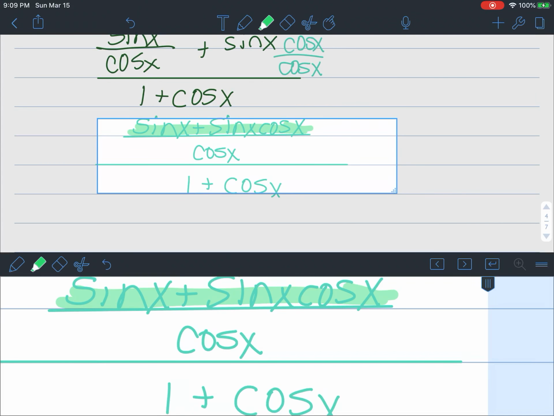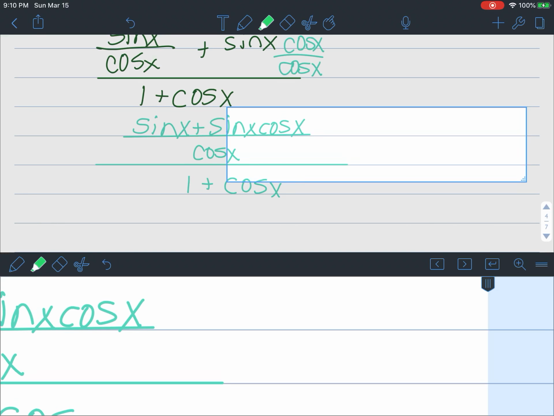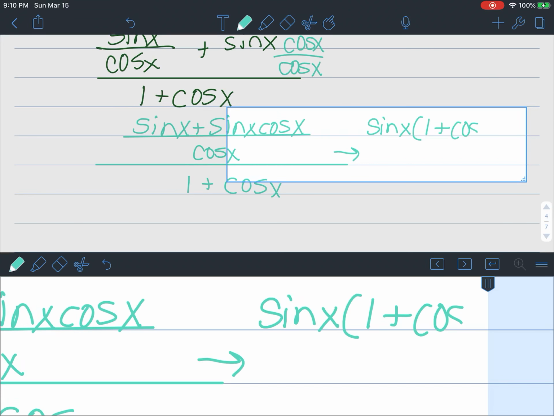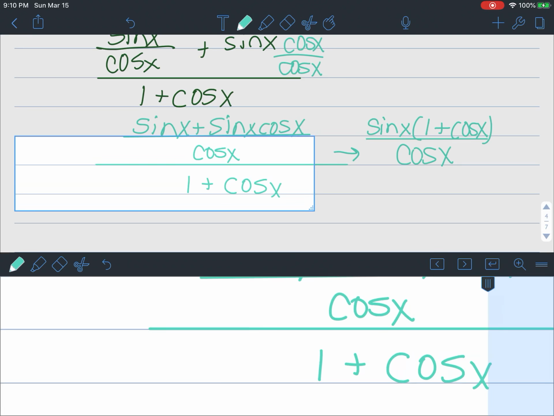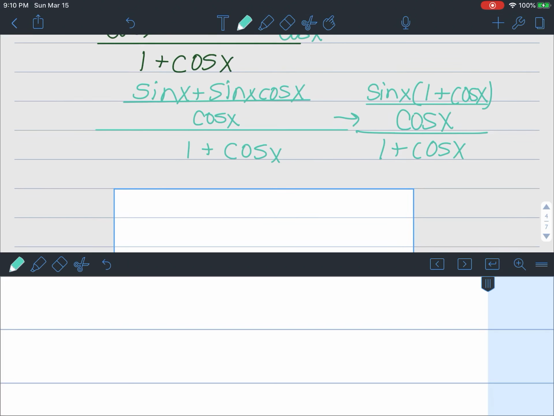I'm hoping that this right here looks familiar to you. This is like the one we did in the beginning of the video. And that is that I can factor sine out of the top. And I'm going to get 1 plus cosine x over cosine x. And all that is over 1 plus cosine x.